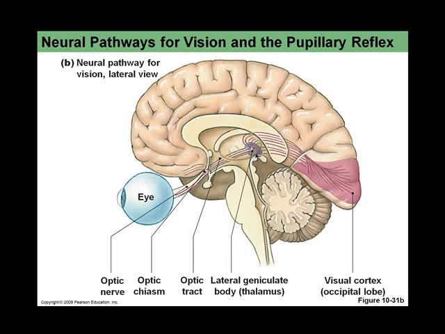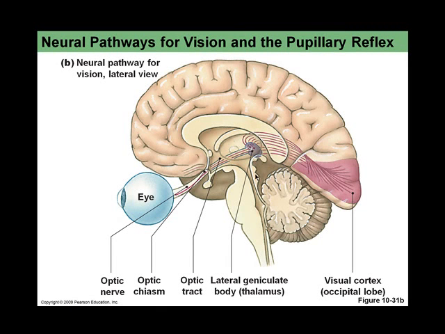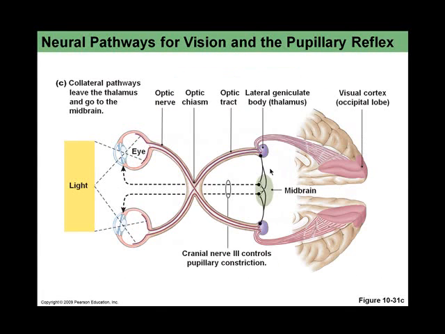So there are other collateral pathways, and we'll see a few that get into the midbrain, even for the pupillary reflex in the next slide, I think. So this at least gets us through the pathway to the primary visual cortex, with a bit of a reminder about some of the neuroanatomy.